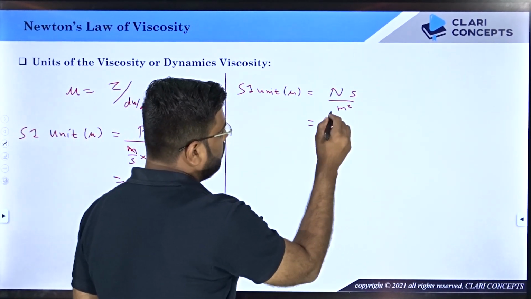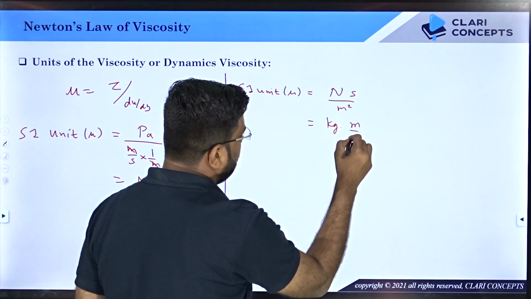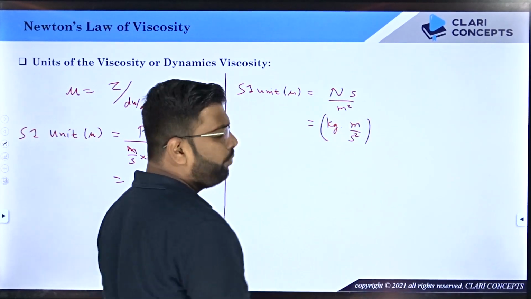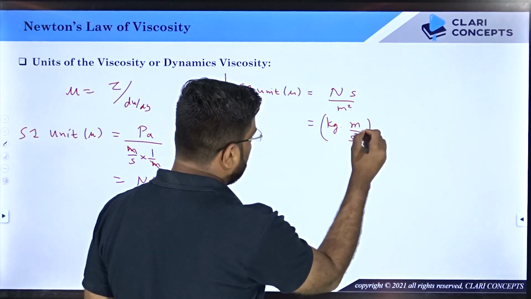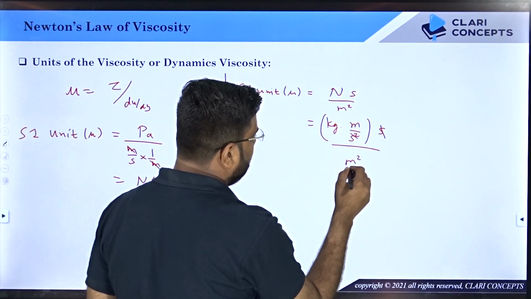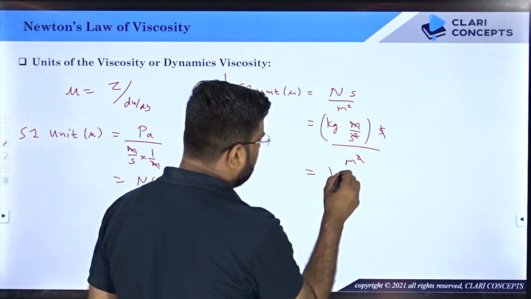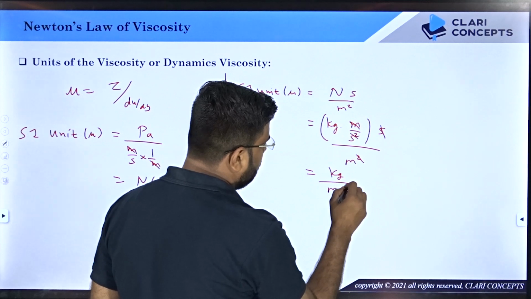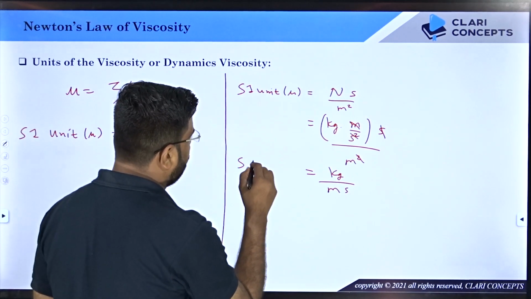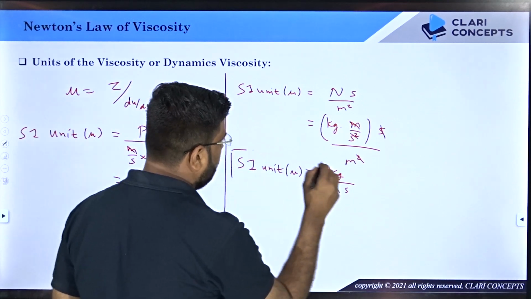Newton is a unit of force, right? Force is mass into acceleration, meter per second square. If you put it like this, second will get cancelled, and one meter will get cancelled. So you will remain with kg per meter second. This is another SI unit of mu, right?